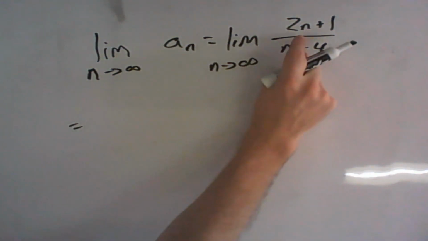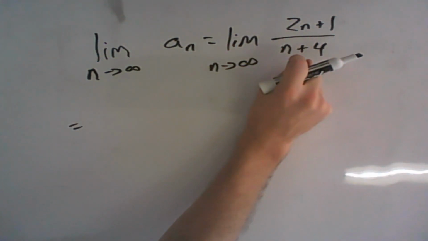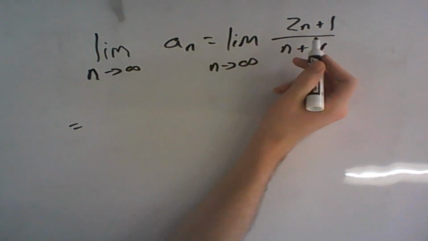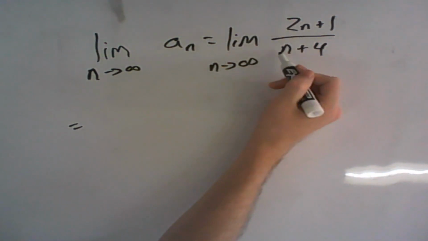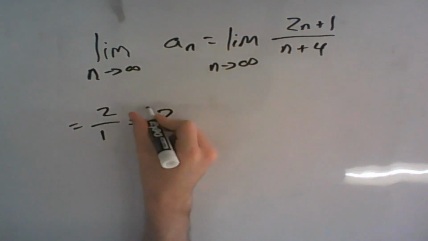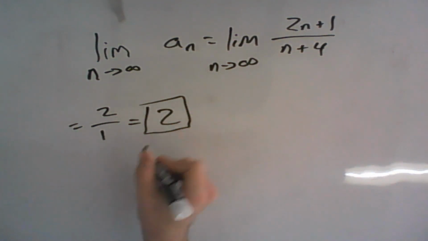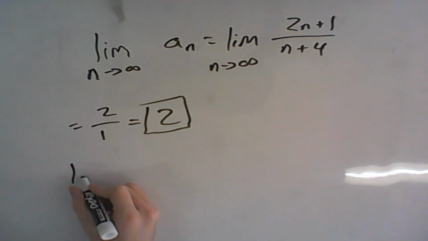Our powers of n on top and bottom are the same, which means the limit is just going to be the coefficients. The coefficients are 2 over 1, which equals 2. And that is going to be our limit. Okay? Let's try another one.